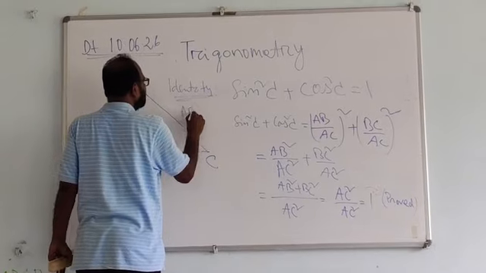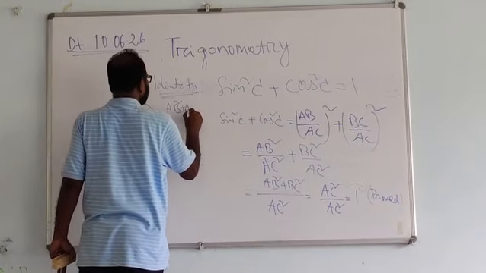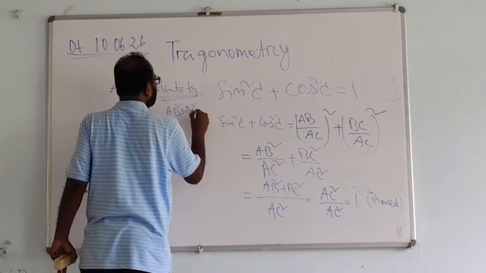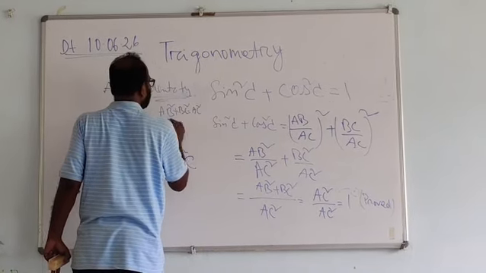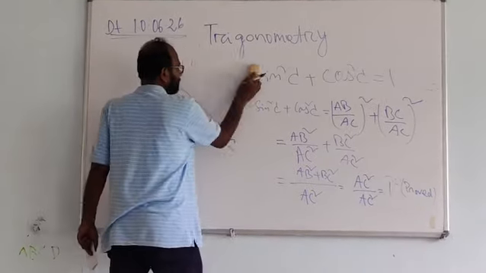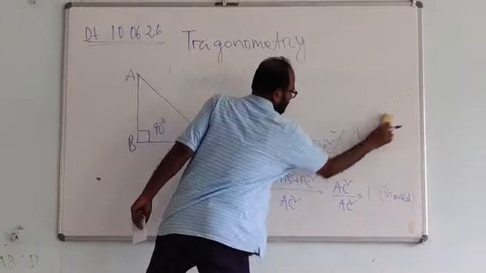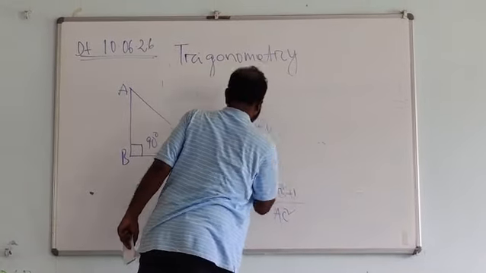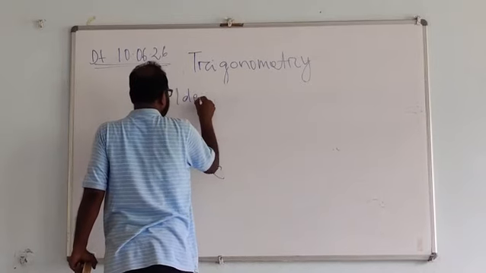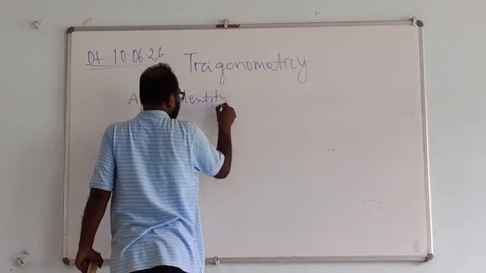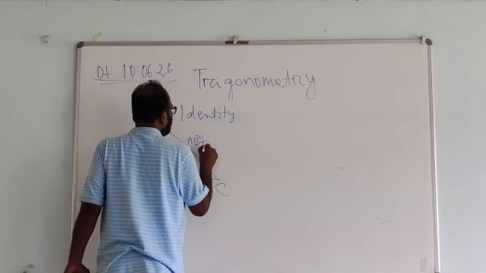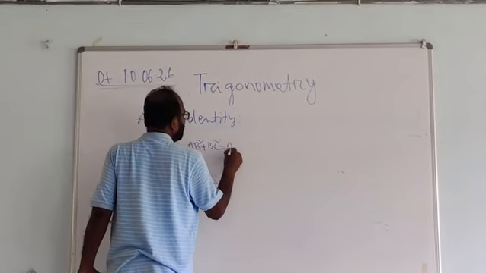Here AB square plus BC square is equal to AC square.